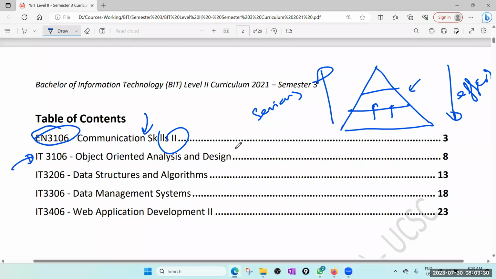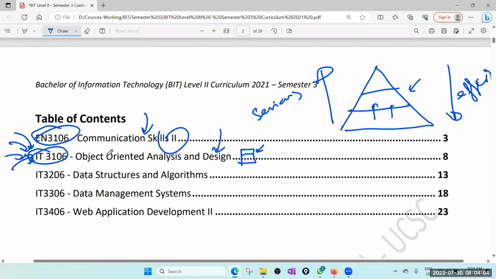Then you have object-oriented analysis and design. This is a very easy subject if you have done your semester 1 programming subject properly. But anyway, don't worry. This is actually the smallest subject, so we will spend a little bit of time refreshing your object-oriented concepts, then do this in a very quick manner. 100% you must rely on your understanding, and this is super important if you want to go into the software development field, because 90% of software is developed using object-oriented concepts.